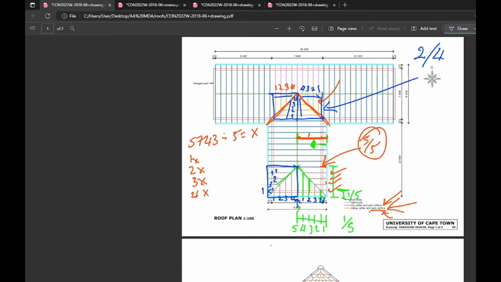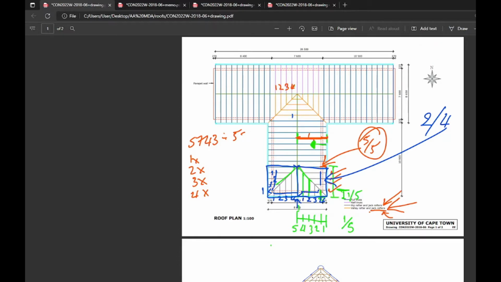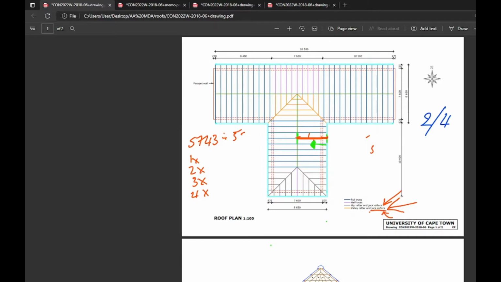So I'm counting again. 4 and 4. Okay. And 4 and 4. Same story. 2 and 4. Now, I've made this process longer than it needs to be. As you get better at these things, you should just see clearly that there must be 2. There must be 2 for every valley or hip rafter. I'm trying to think of a scenario where there isn't 2.